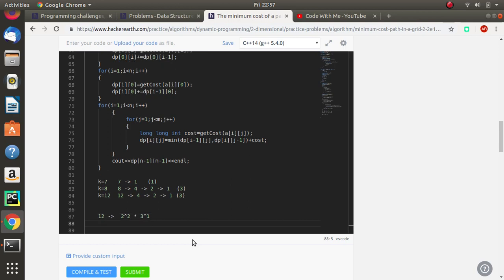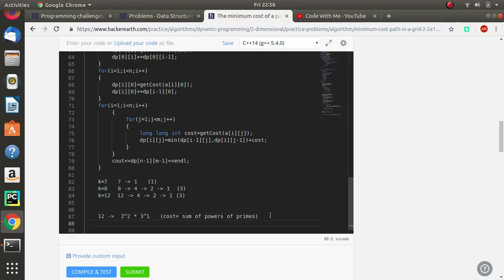For this, the cost will be the sum of the powers of primes. The prime numbers that divide it give us the sum of those powers. For example, here 2 plus 1 is 3.